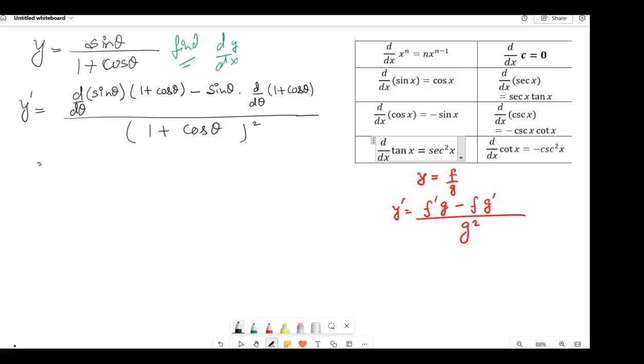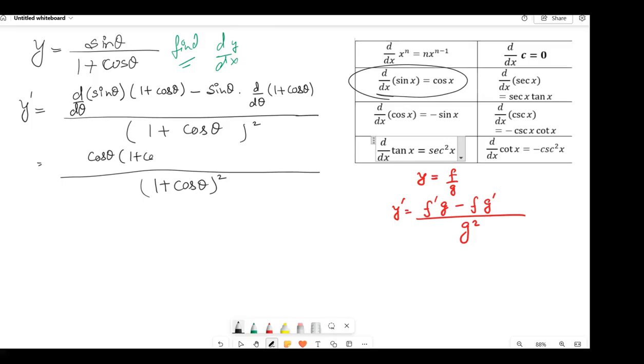Okay, let's figure this out. Derivative of sine using our formula is cosine theta, times 1 plus cosine theta, minus sine theta. Derivative of 1 is 0. We don't need to write it. Plus derivative of cosine is negative sine theta.